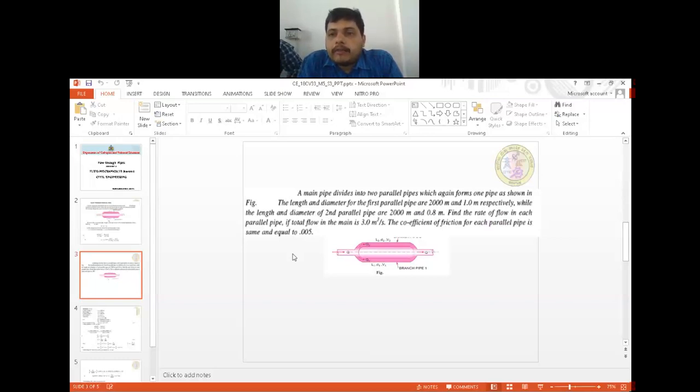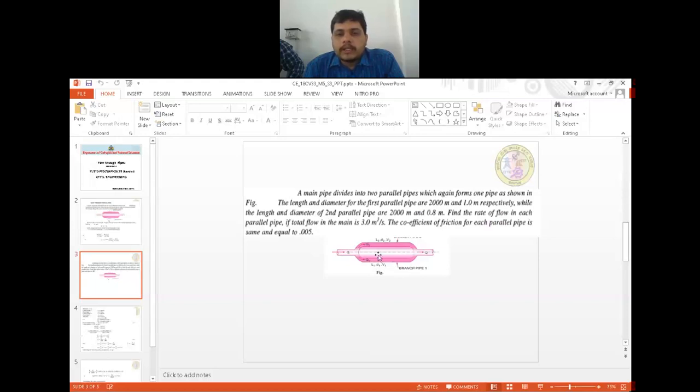Find the rate of flow in each parallel pipe, if the total flow in the main is 3 meter cube per second. The coefficient of friction for each parallel pipe is the same and equal to 0.005. Please look into this sketch.